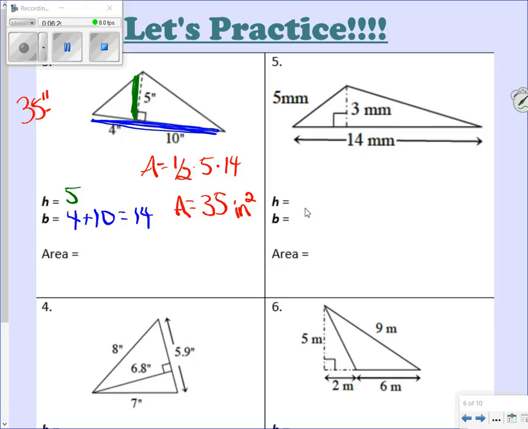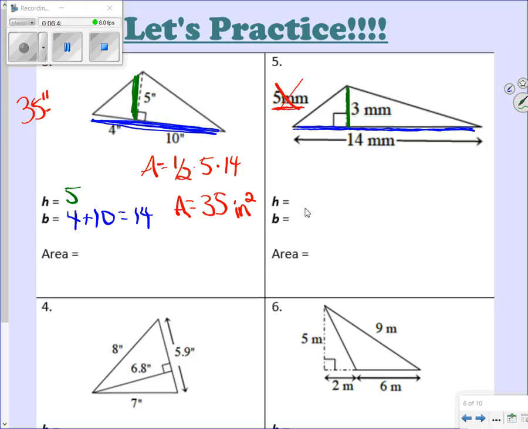All right, let's take a look at number 5 here. Again, our height and our base. Now in this problem, we also have a number way over here that's looking at that slanted line. Because we're looking for area, we don't even need that number.